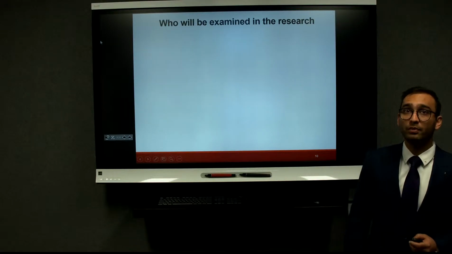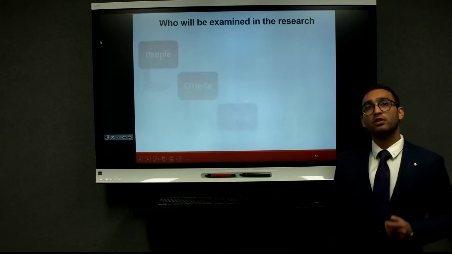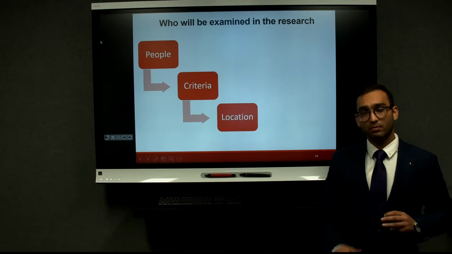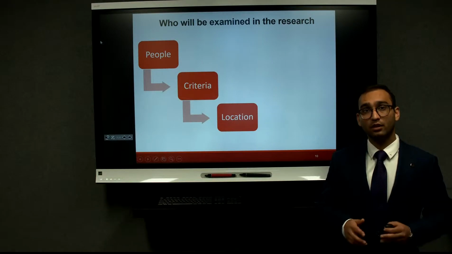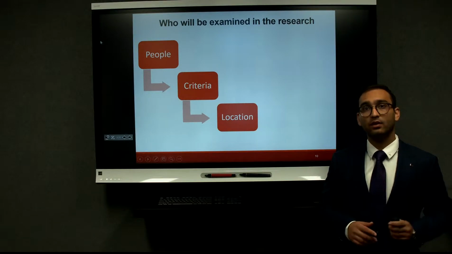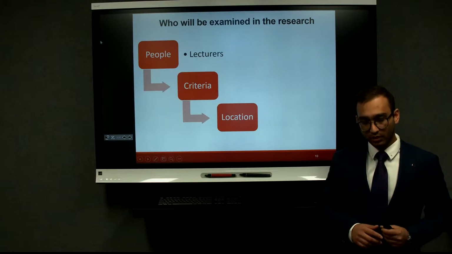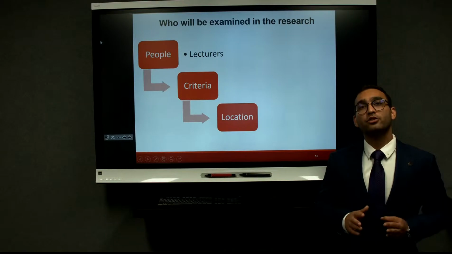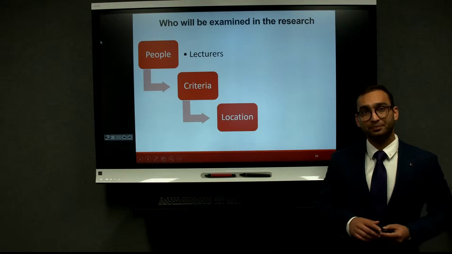Moving on to who would be examined in this research. There are three criteria which we are choosing to include in this research: people, criteria, and location. So who's going to be studied in this research? Lecturers are going to be studied in this research.